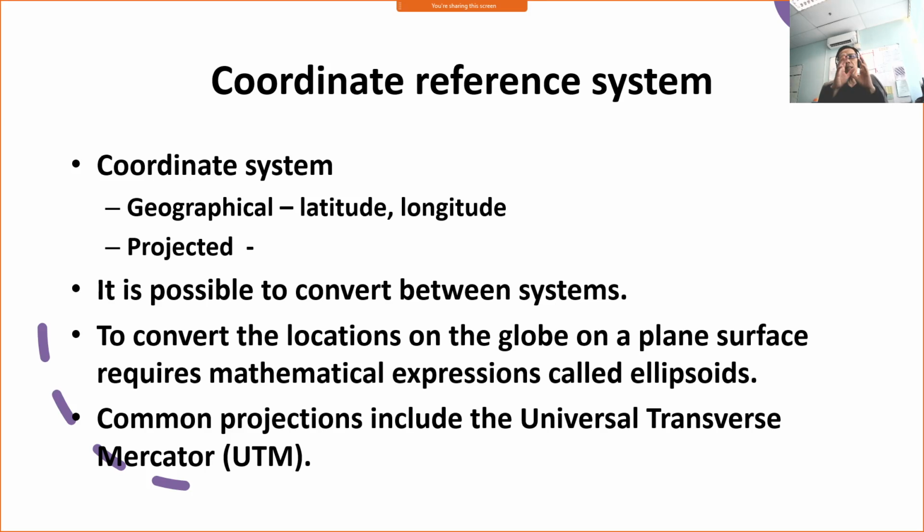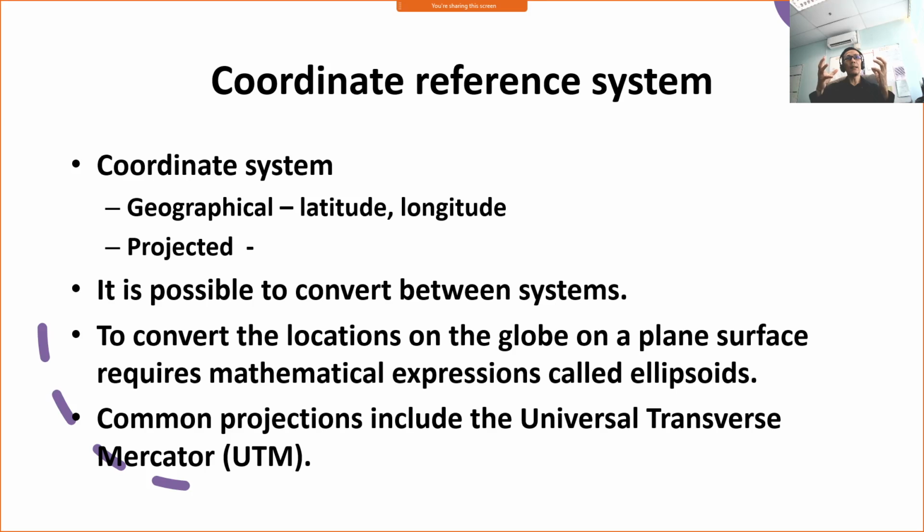So the basic coordinate reference system is the geographical coordinate reference system. We call this latitude and longitude. Latitude and longitude are basically the geographical coordinate system.